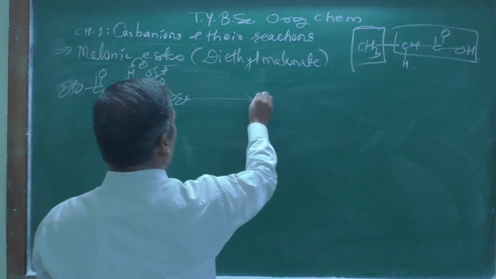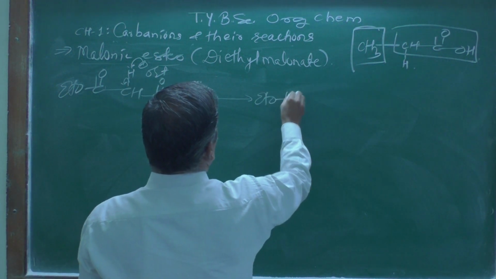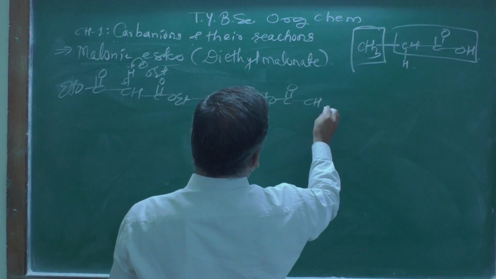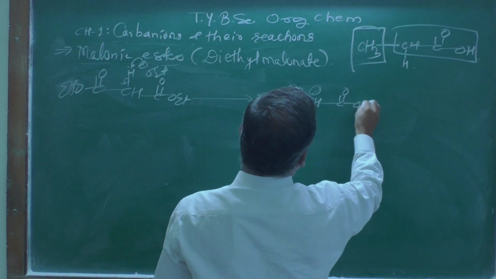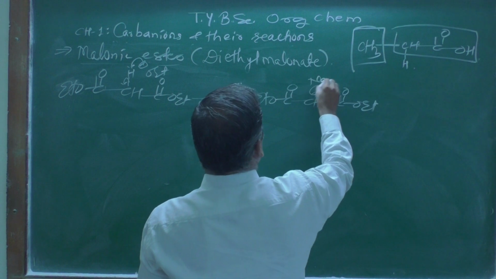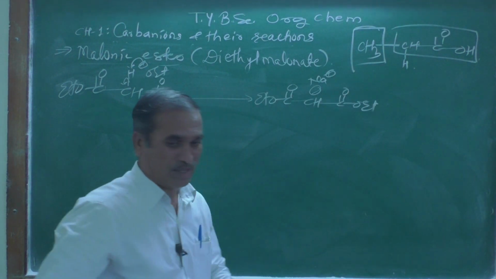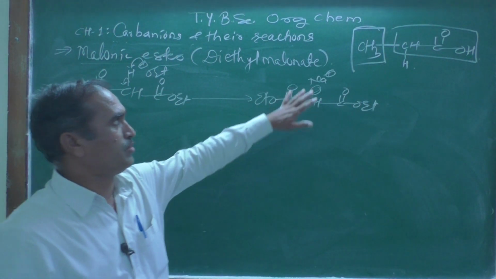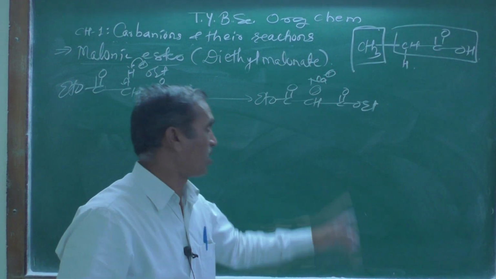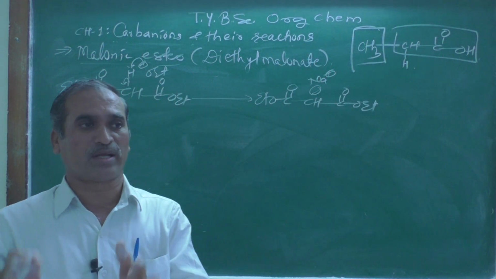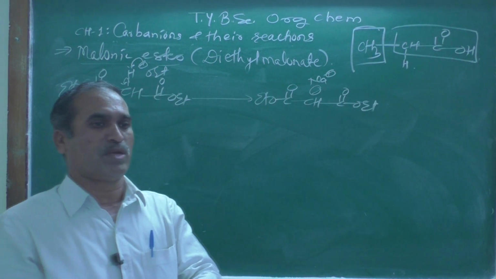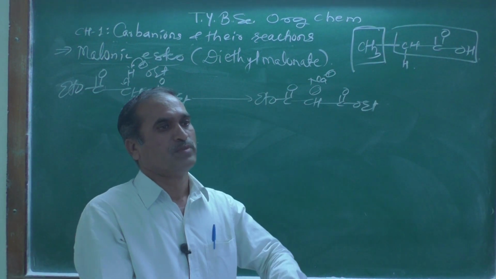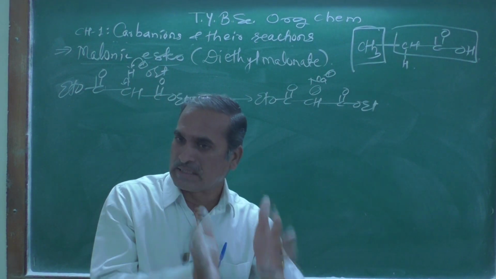Here: EtO, C double bond O, CH with a minus charge, C double bond O and OEt. You may write Na plus or not, but as an organic chemist you have to assume it is there.